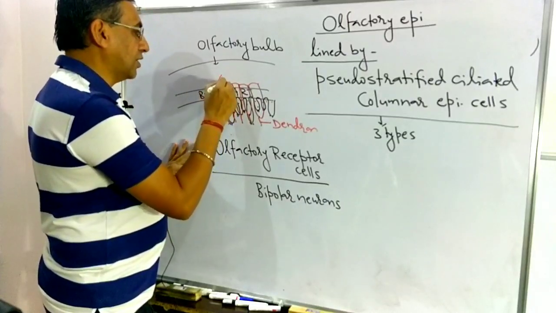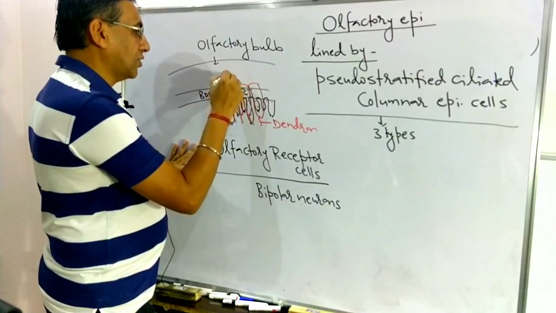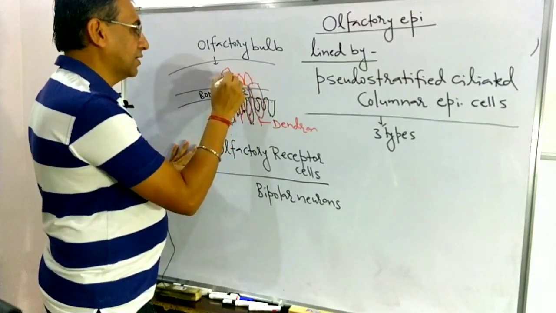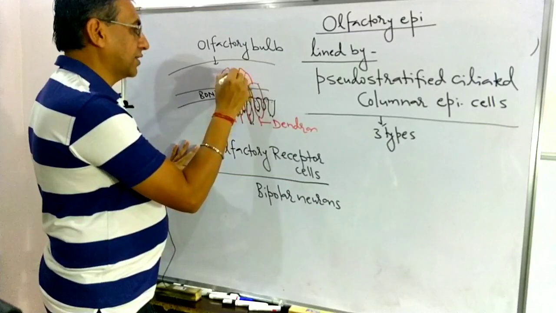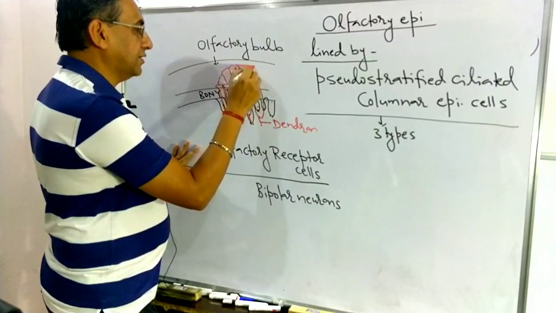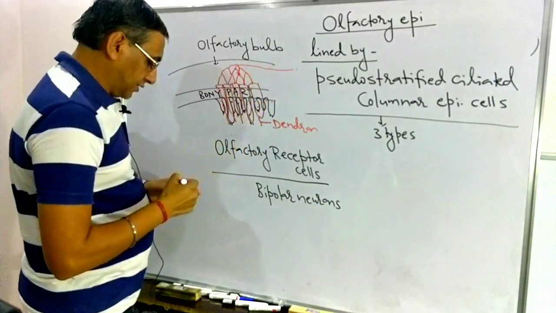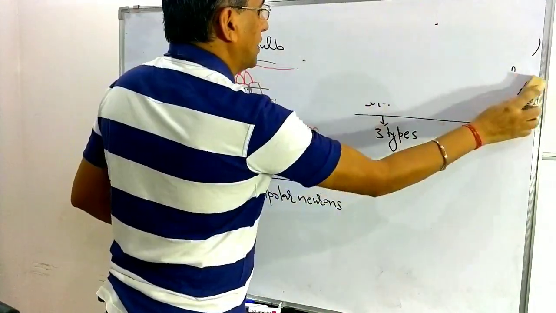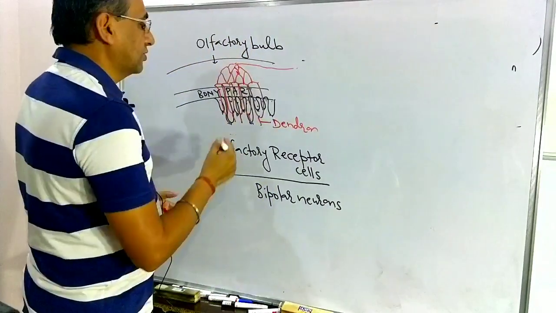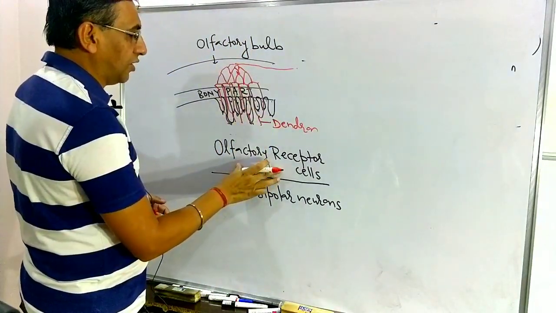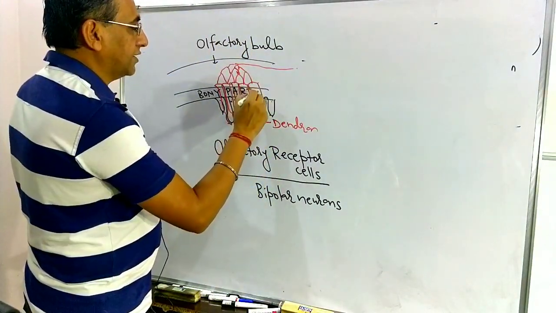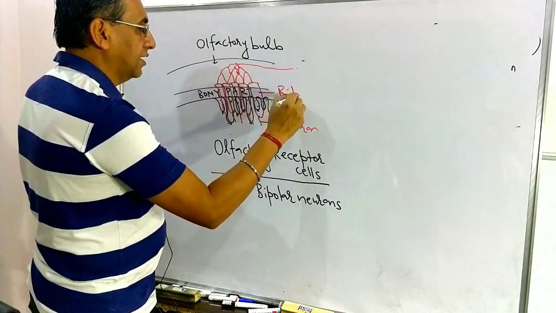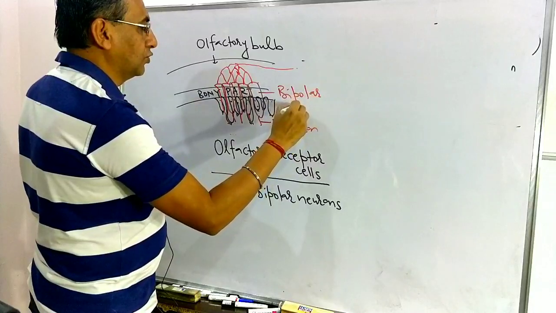Now the axons combine here, and after combination they form a nerve that is known as the olfactory nerve here. So this is the nasal epithelium that has the olfactory receptor cells, which are bipolar neurons.